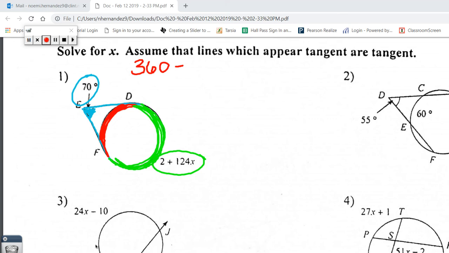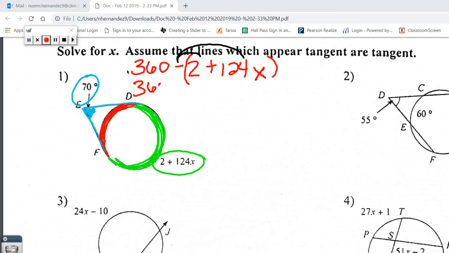So I'm going to do minus 2 plus 124x. Very, very important, guys. When I'm subtracting more than one term, so here I have a 2 plus 124x, it's very important that I distribute the negative to both numbers. If not, our answer is going to be incorrect.